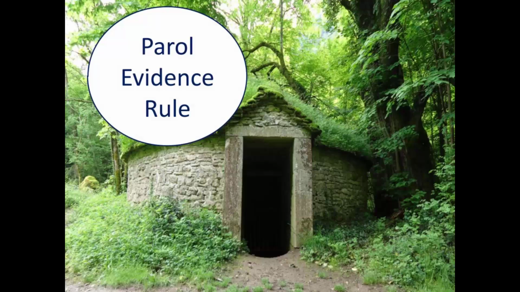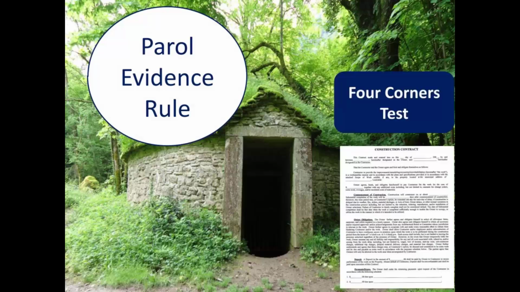Despite some hedging about how to determine integration, the court ultimately applies the classic four corners test for integration. As you can see in paragraph 6 and paragraph 9, the majority opinion looks to the face of the agreement, within its four corners, to determine whether it's completely integrated. The decision formally rests on this traditional four corners analysis.